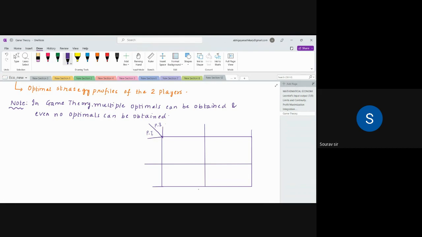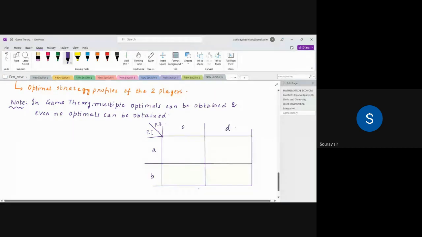So let's say I take it in very general A, B, and C, D without giving any values. The question is to check for optimal for this game.